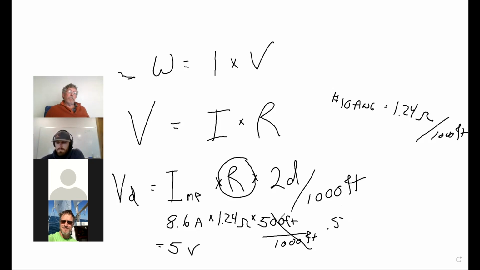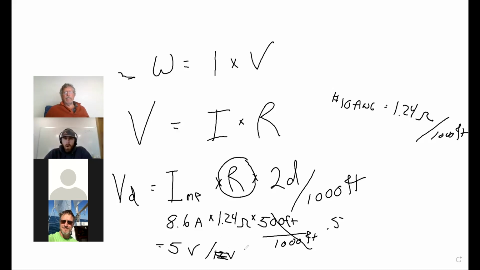Well, is that acceptable? It depends. It depends on what the voltage of your system is. If my system is 12 volts, well, I've just lost about half of my power. Clearly, that's not going to be acceptable.